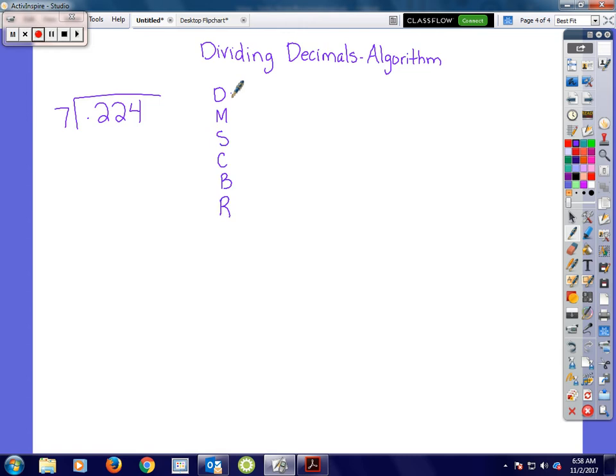So your D is for divide, your M is for multiply, your S is for subtract, your C is for compare, B you're going to bring down, and R you're going to repeat. So make sure you have those steps written down so you remember all of your steps of dividing.